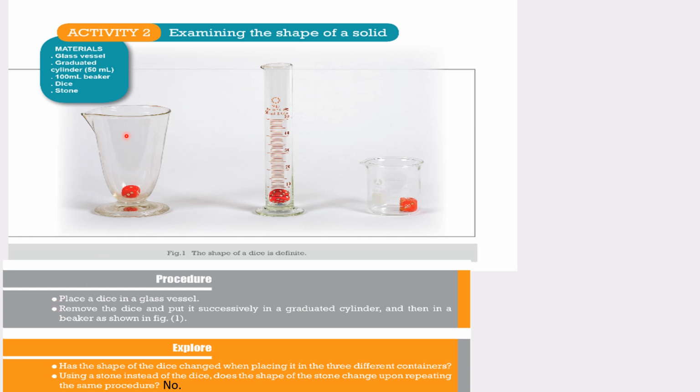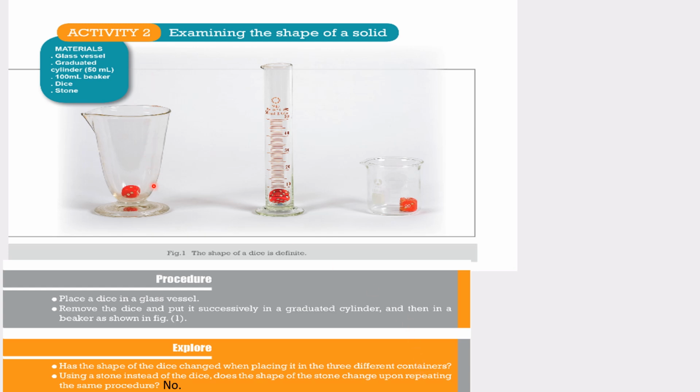In the first step, we put the dice in the glass vessel, then we remove it and put it in the graduated cylinder, and finally we put it in the beaker. Has the shape of the dice changed when placing it in the 3 different containers? What do you think?